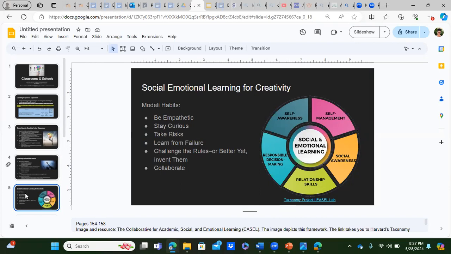In order for creativity to flourish, we need both the basics of social emotional learning and social emotional learning specific to creativity. So it's important for us to see, I put on the right, the Collaborative for Academic, Social, and Emotional Learning. CASEL is the acronym that we use for it. It's an organization focused on supporting evidence-based social and emotional learning as an essential part of schooling.